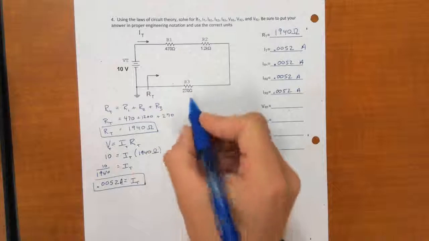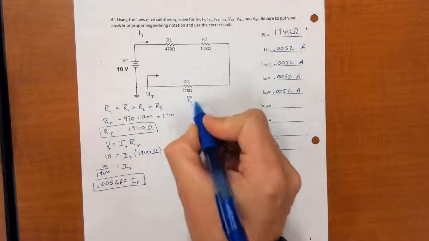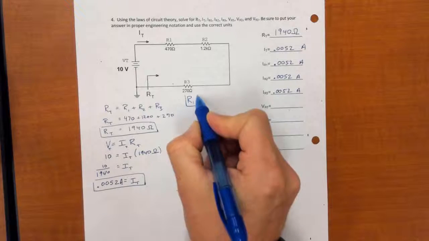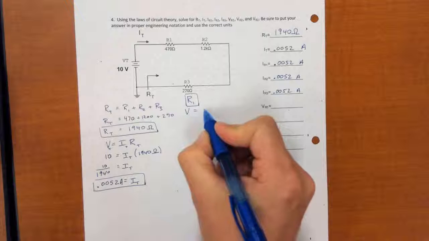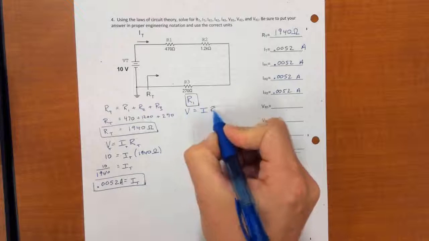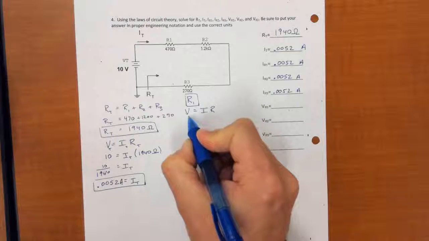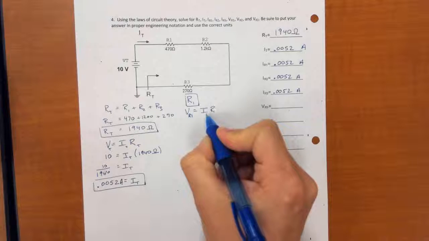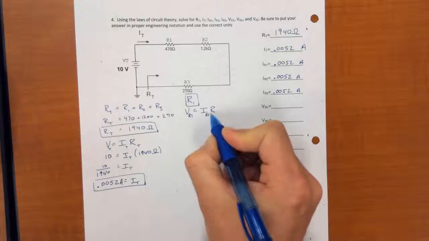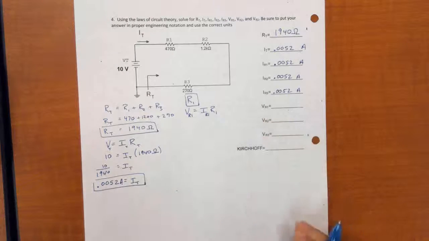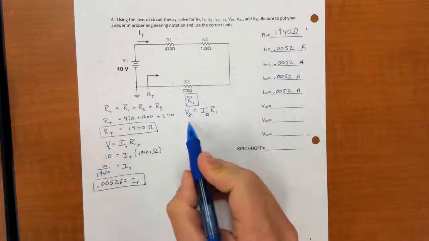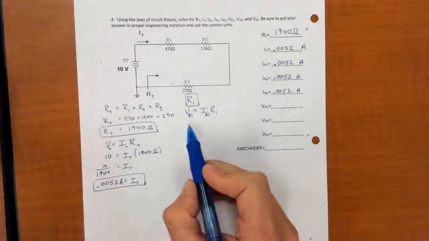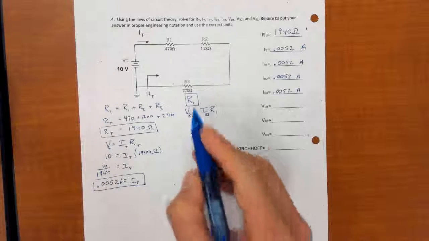Alright, next they're asking for the voltage at each resistor. Well, at each resistor, so at R1, you can use Ohm's law. You can say the volts must equal the current times the resistance. And so we're going to do the volts at resistance 1 equals the current at resistance 1 times the resistance of resistor 1. Okay, the voltage, we don't know.